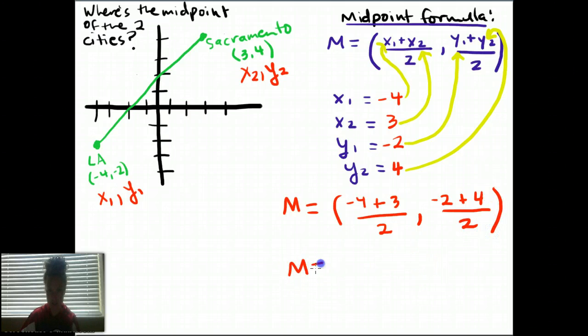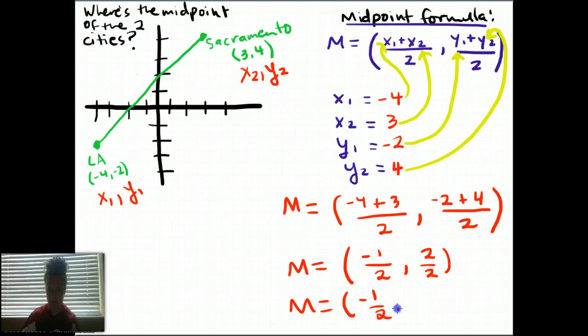And then we'll see here that our midpoint's going to be equal to, let's see, -4 and 3 give me a -1 divided by 2. -2 and 4 give me a +2 divided by 2. And this can simplify into -1/2, comma 1, because we know 2 divided by 2 is 1. So this is going to be our point here.